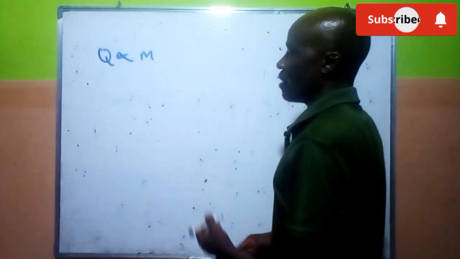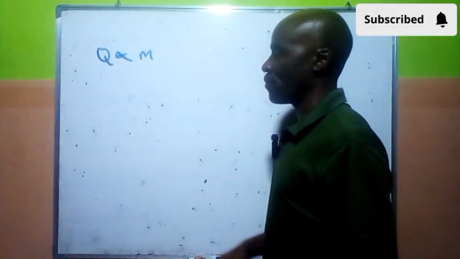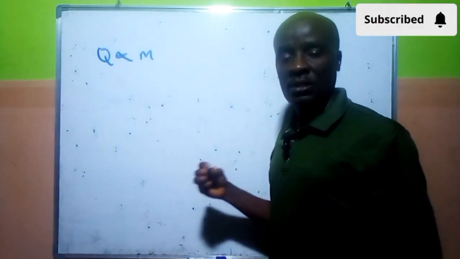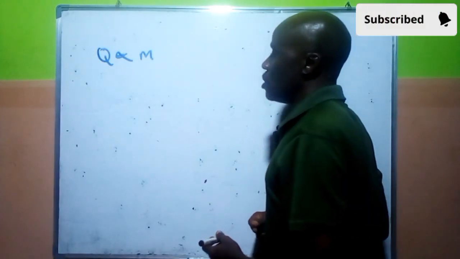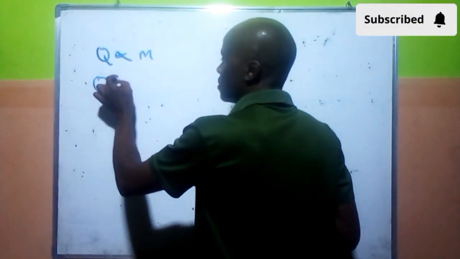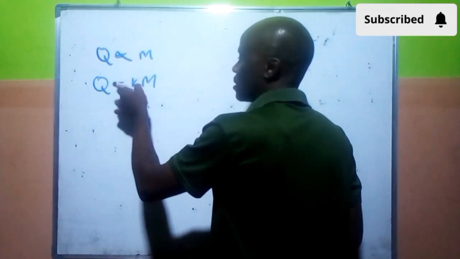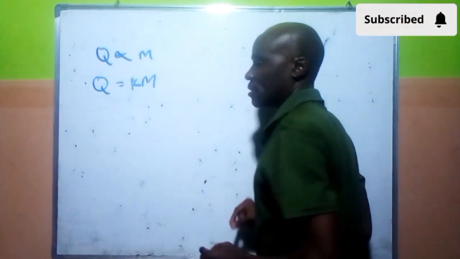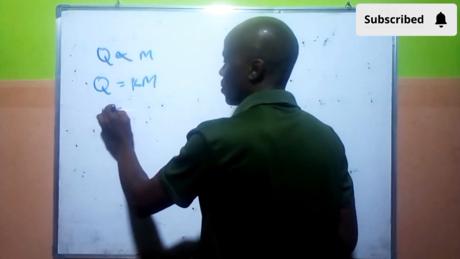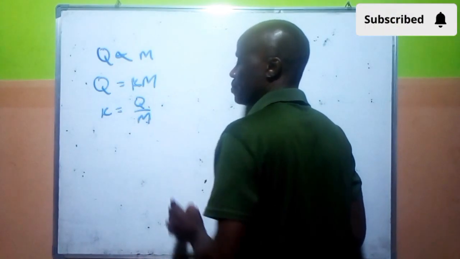So that is what we have here: quantity is directly proportional to the mass of the element deposited. If so, then Q is equal to K times m, where K is a constant. Then K being the constant means that K is equal to Q over m.